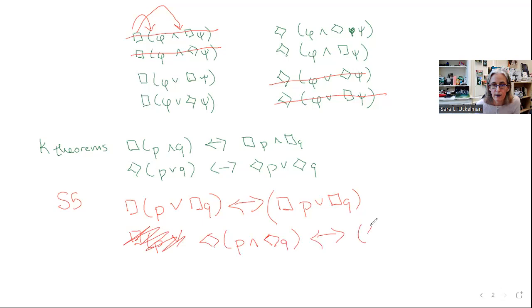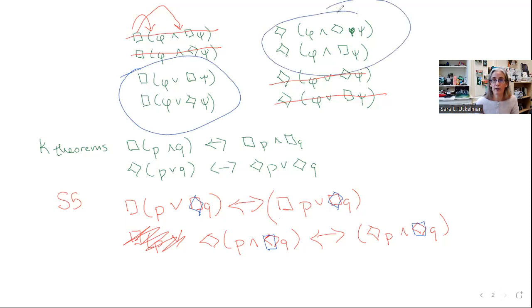So this gets us possibly P, possibly Q, and then the corresponding ones for the other operators. So if we also look at where this is diamond, then this is going to be diamond, and where this is box, this is going to be box. So remember these equivalences, I proved them a few videos ago. These are the ones that allow us to take care of this case and this case.